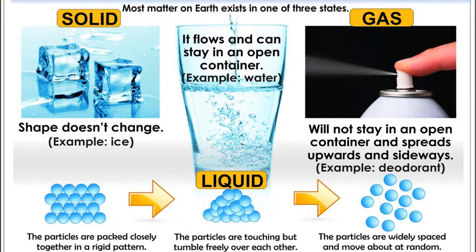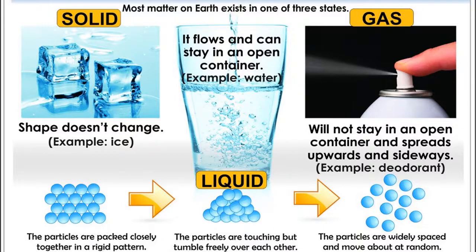Here you can see, first we will talk about solids. Solids do not change shape, it remains as it is. ठीक है, the particles are very closely packed together in a rigid pattern. If you see a wooden piece, जिसके अंदर जो particles हैं ना वो एक दूसरे से बहुत tightly packed हैं, इसीलिए हम लोग wood को दबा नहीं सकते.